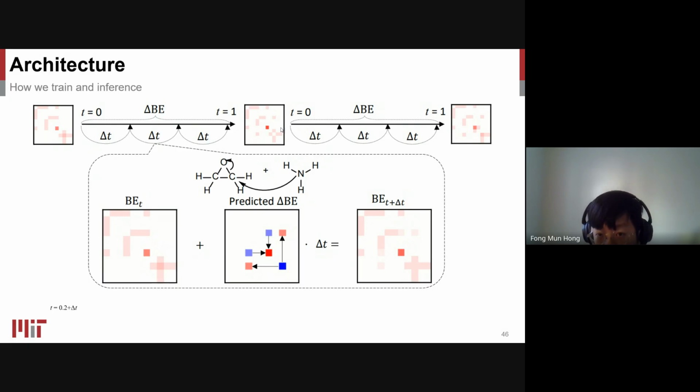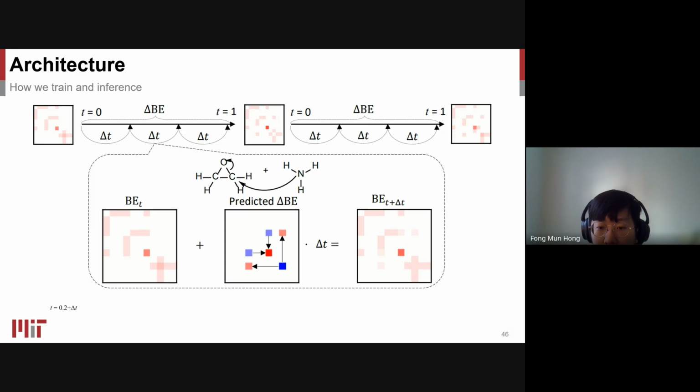No, not the final product, the intermediate. And then this intermediate would do another step of sampling, and this sampling will get you to the product. So let's say if you have a one-to-many mapping, this can form another intermediate, and this intermediate can form another intermediate before it goes to another product. So there's a branching tree that grows out from the initial reactant.